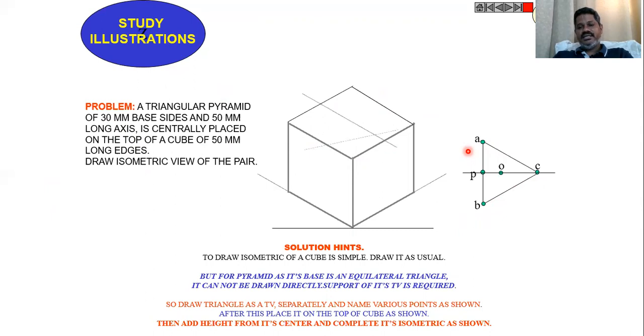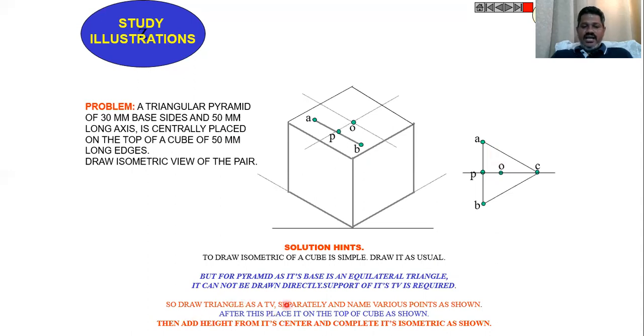Then locate the O point, which will be the center point. As the base of the pyramid is an equilateral triangle, it cannot be drawn directly. Because of that, we have to construct the equilateral triangle first, like this.